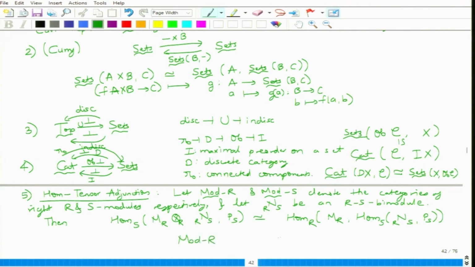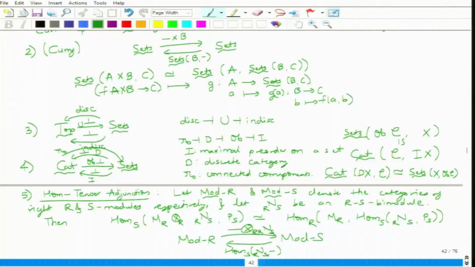So this is mod R and this is mod S. The functor is blank tensor NRS, and the other functor is home sub S NRS blank. Can you see the similarity? In 2 we had product, over here we have tensor product, and the right adjoint is still home.